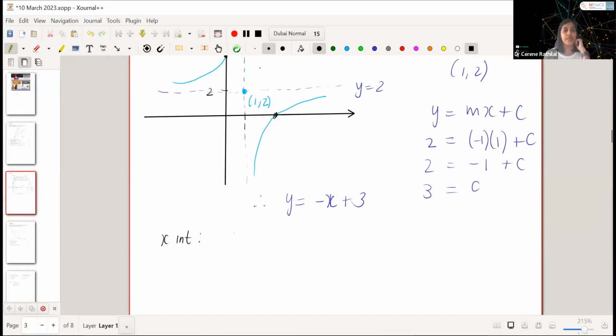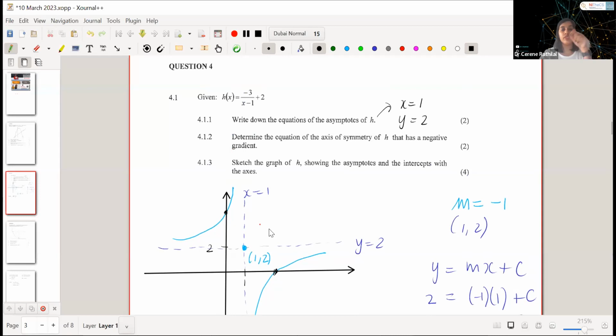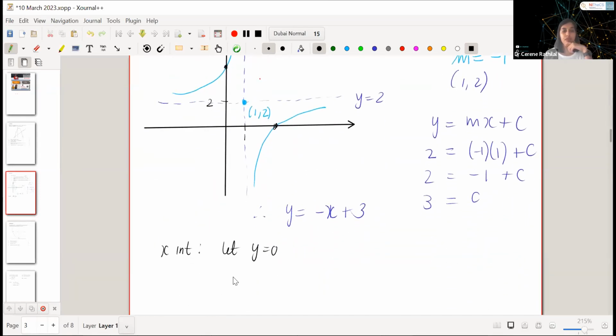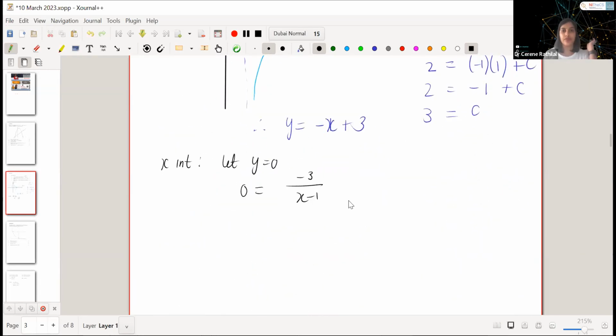To find an x-intercept, I'm going to let y equal to 0. Okay, what is the equation? Let's remind ourselves. It's -3 divided by x minus 1 plus 2. So I've got 0 equals -3 divided by x minus 1 plus 2.